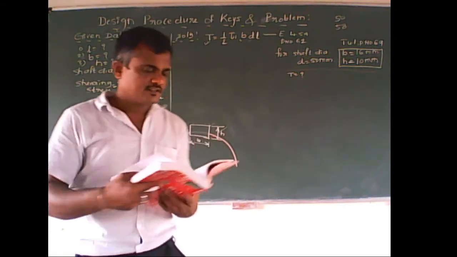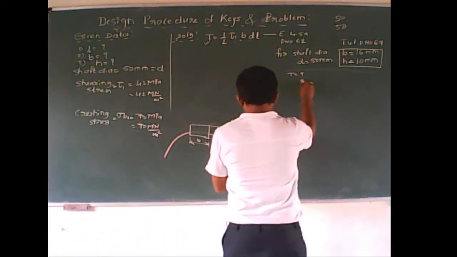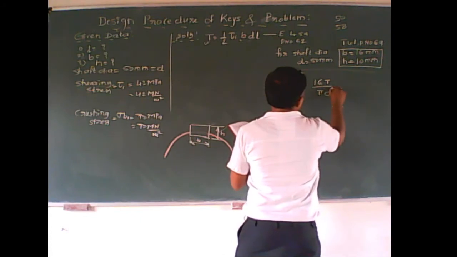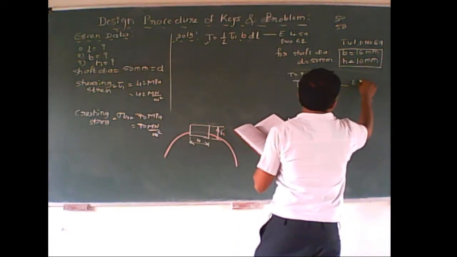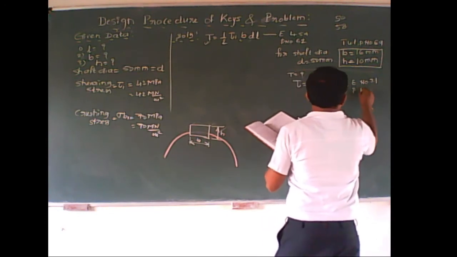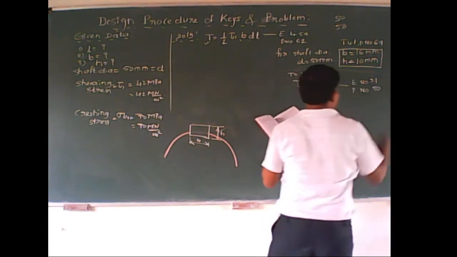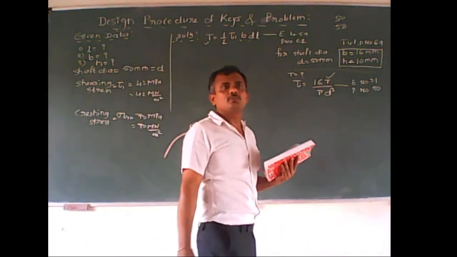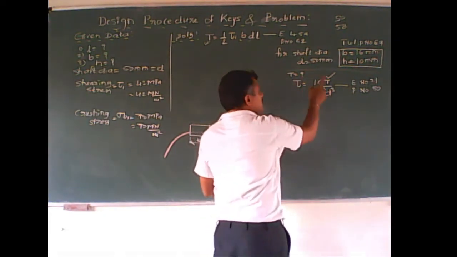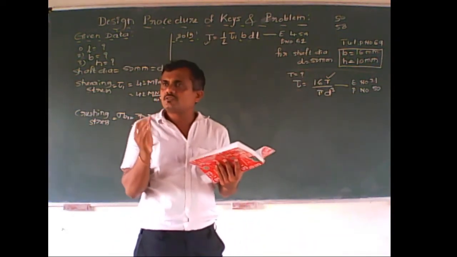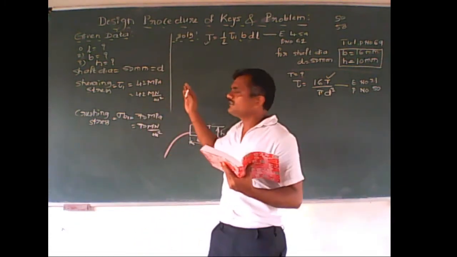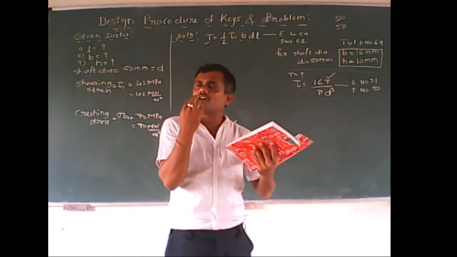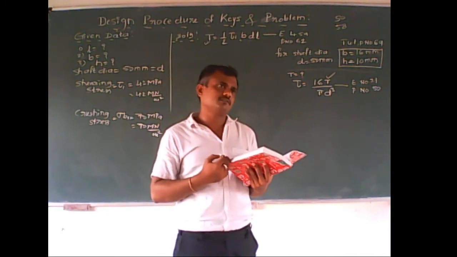In that you have the equation tau is equals to 16T upon pi d cube. Equation number 3.1, page number 50. Is that available? So here T is to be determined, tau is given, diameter is given. It's an equation used in shaft. As you know, in keys, shaft parameters are also important because the shaft is holding the key here.